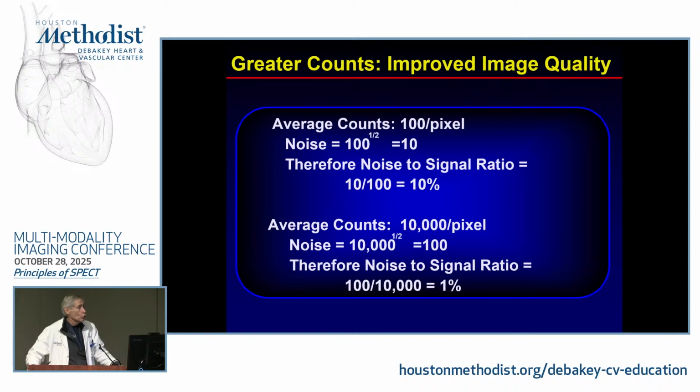Now, one thing we can do nowadays, which we didn't have before, is we can do iterative reconstruction. And it's been shown very nicely that, particularly in SPECT imaging, you can reduce the count density by about 30% and still get an equal image. Well, the images will look pretty similar if you apply iterative reconstruction over just regular reconstruction. So iterative reconstruction does help, especially in low count studies.